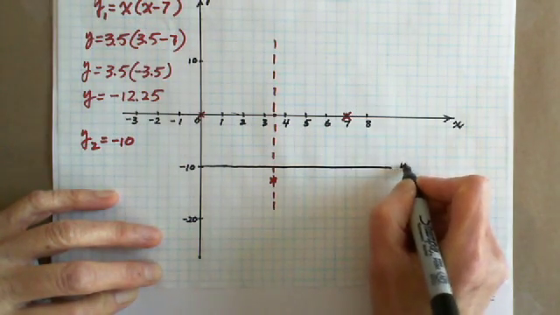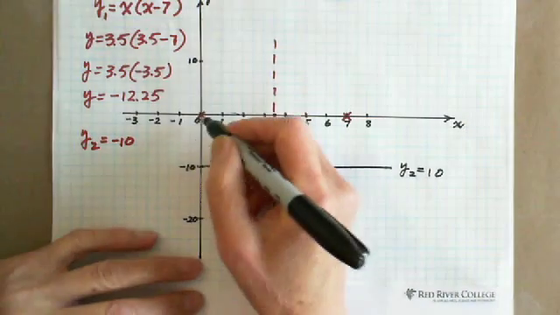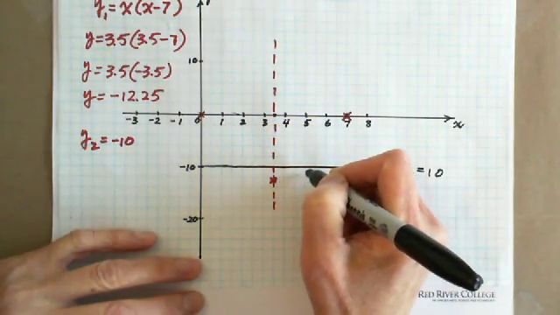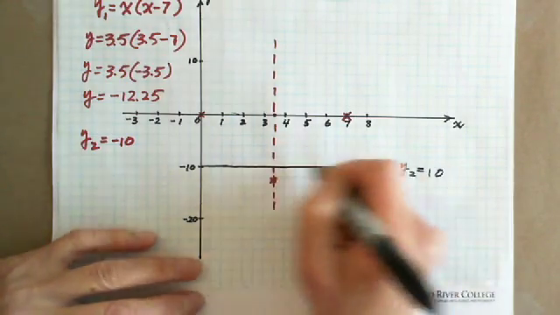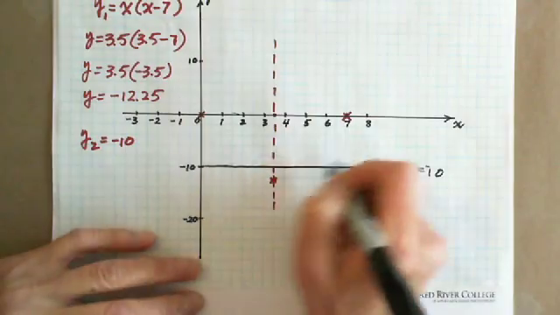This is y2 equals negative 10, right? And the parabola is downward here. It must meet the line y equals negative 10 and give the solution, right?